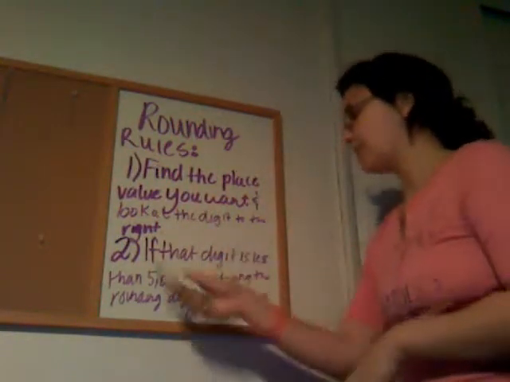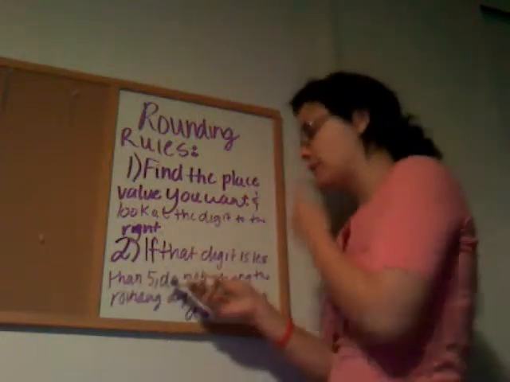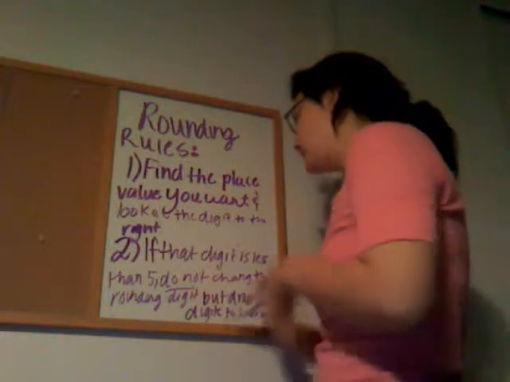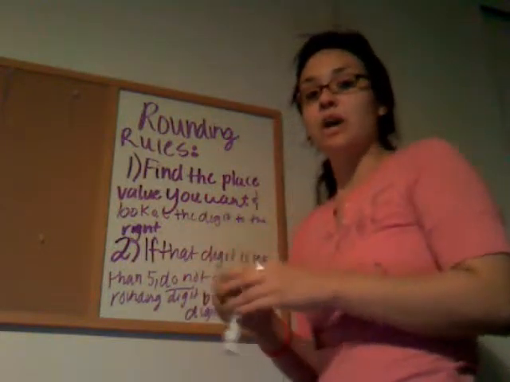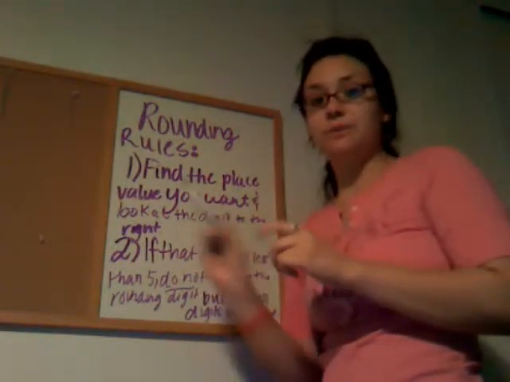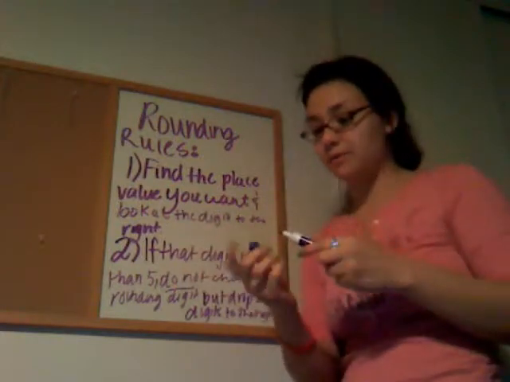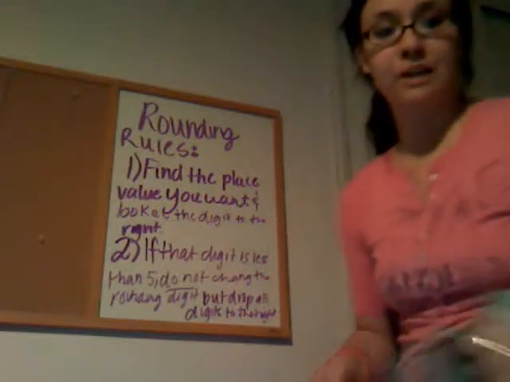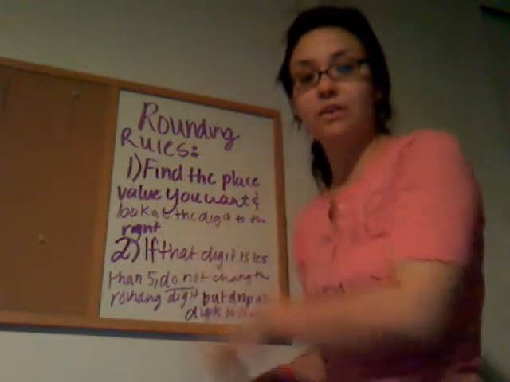So number 2, if that digit is less than 5, do not change the rounding digit, but drop all digits to the right. So there's step 1 and step 2, so we need to get that copied onto our notes. And after we get that, we can move on to step 3. Does everyone have this written down on their notes?